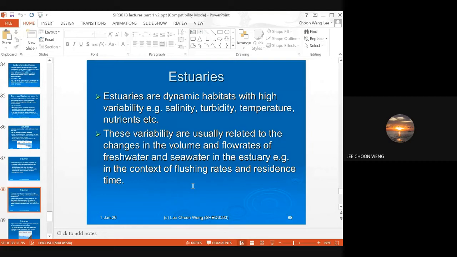If it's a long residence time, that means the river mouth is very big and the river flow rate is low, so it takes a long time for the water in the estuary to be refreshed. If it takes a long time for the water to be refreshed, any contamination in the river mouth will take longer to be flushed out. That's why it is important to know residence time and flushing rates in a river mouth.